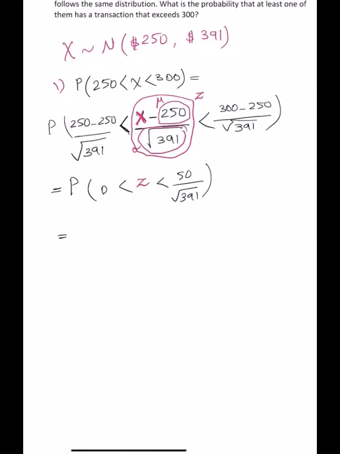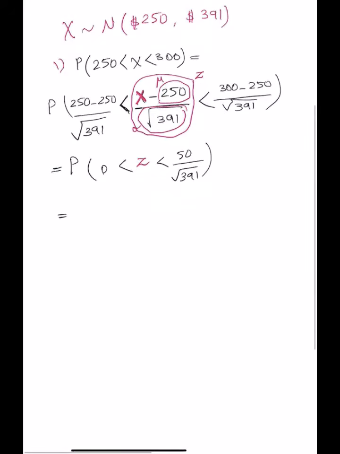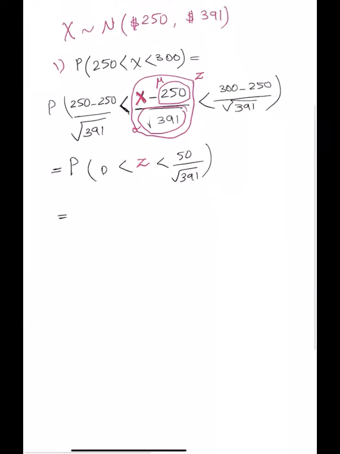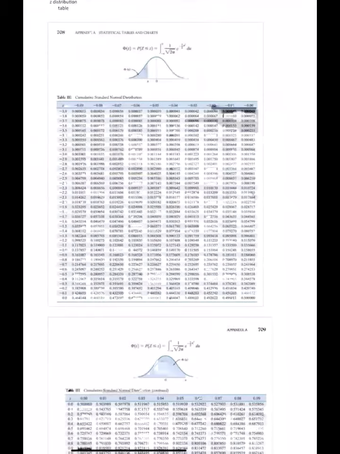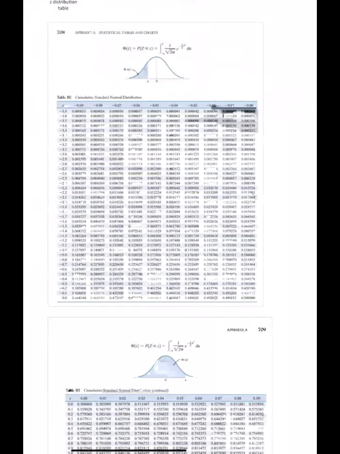Can you tell me how I can rewrite this so that I can use the Z table? As you have seen in the Z table, you can pick the Z here. In this table, you can tell what your Z is, as you can see here on the top.